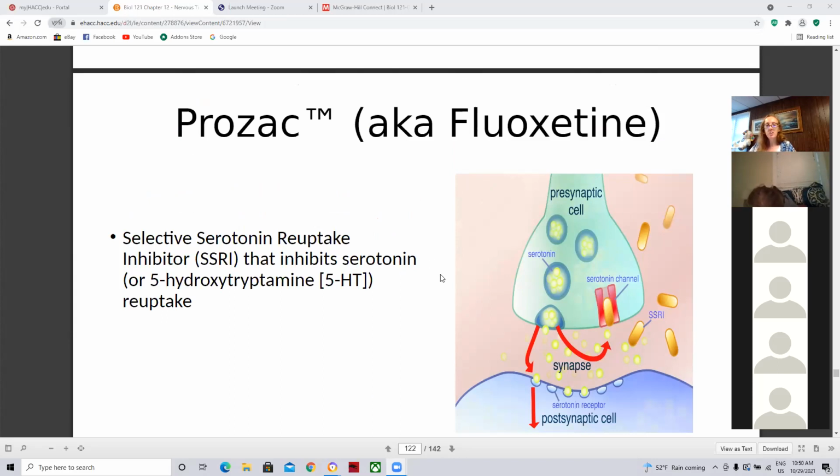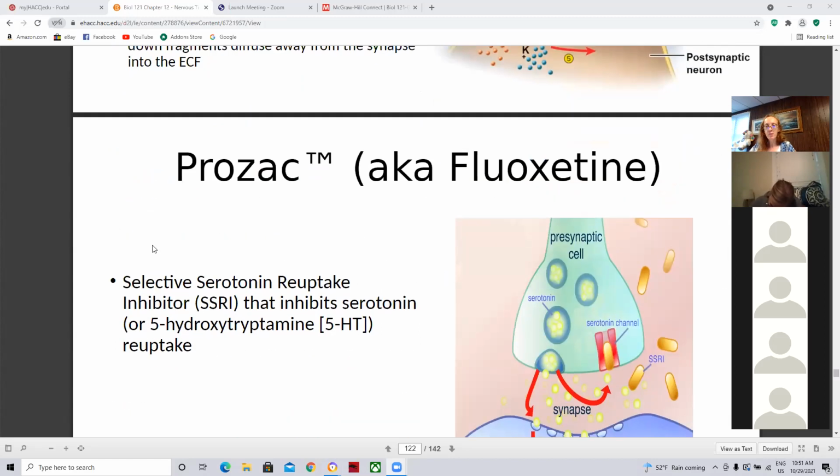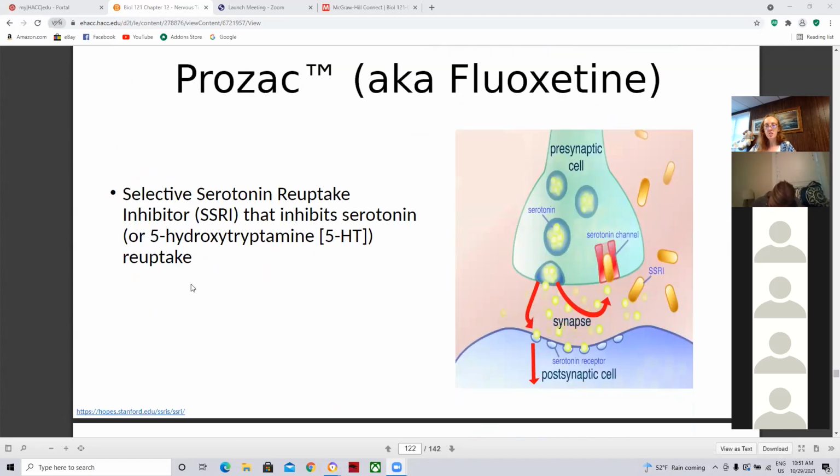It inhibits the reuptake of serotonin. So it works on slowing down the elimination of serotonin by slowing down how much is being retaken up. If it stays in the synaptic cleft longer, it's going to be able to activate the next postsynaptic cells longer.